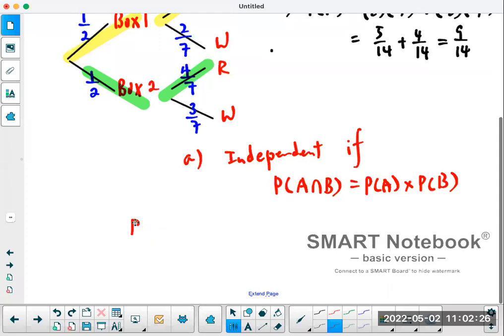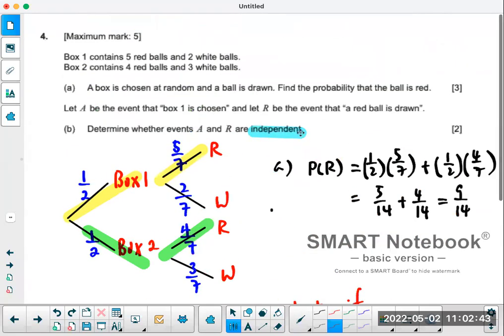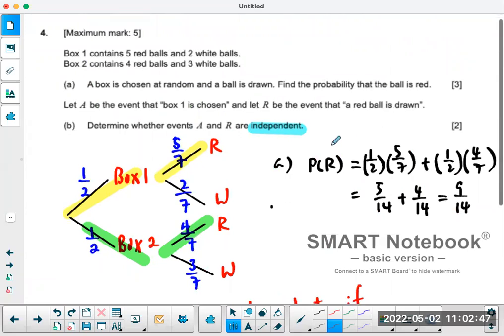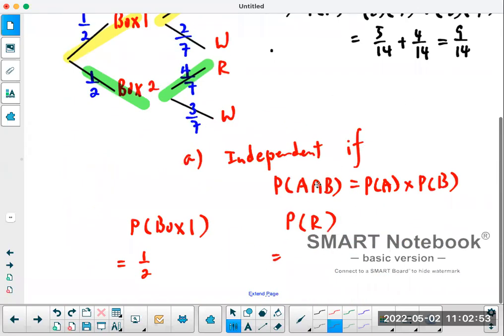So the probability of box 1 and the probability of red. Well, what's the probability of box 1? It's 1 over 2. What's the probability of a red ball being drawn? That's what we calculated in part A, which is 9 over 14.